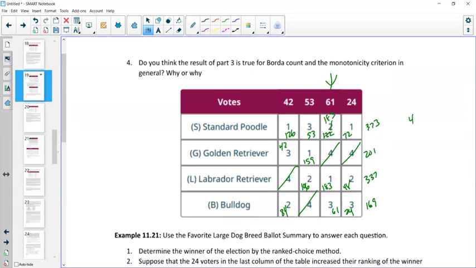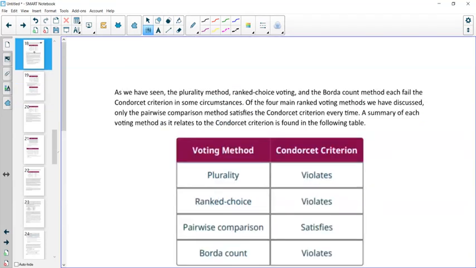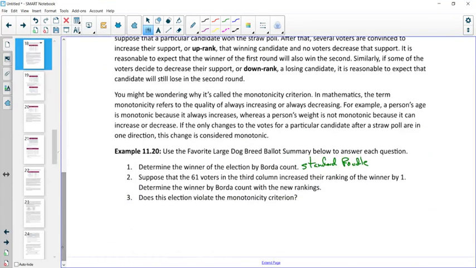So this would be 464. So Standard Poodle still wins. So does this election violate the monotonicity criterion? No.